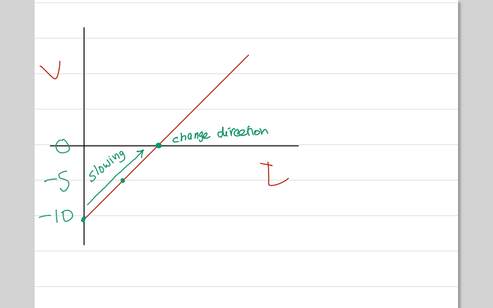This object's moving to the left, and I apply some force, like say my hand or something, to this object moving to the left. I apply a force. What's going to happen to this object? Is it going to speed up or speed down? Because the force is in the opposite direction as the motion, you actually will slow down. And now if I continue to hold this force, eventually I'll slow down to a stop, and then I'll eventually start going in the same direction as the force. And that's what's happening here.